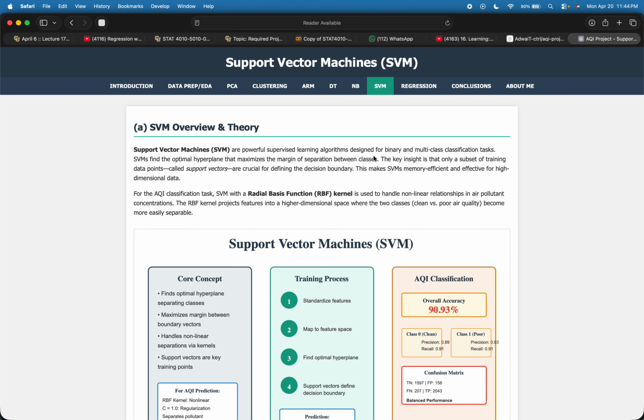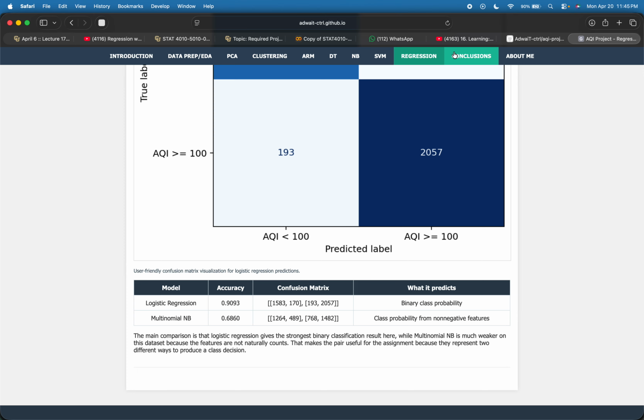SVMs, all three of them are giving good results, but the consistent one is with the RBF kernel. Regression, linear versus logistic: again, I think logistic regression is giving better results than the multinomial ones.